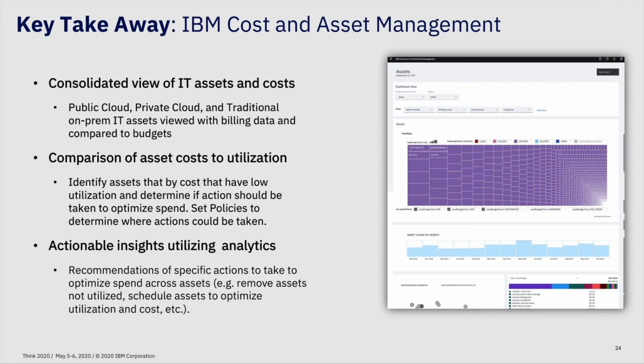Comparison of asset cost to utilization in order to identify those assets that could be taken into account for reconfiguration, decommissioning, or termination in order to achieve cost savings and optimize IT resource utilization itself.